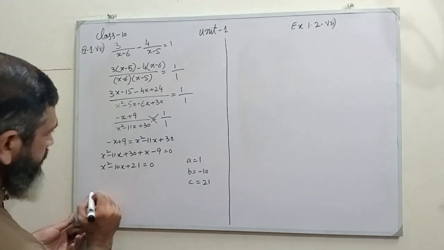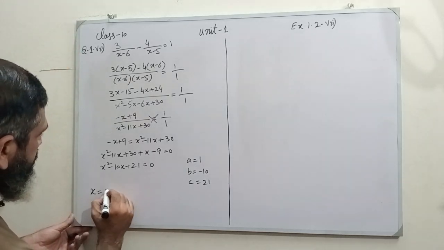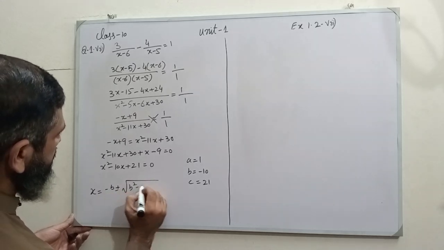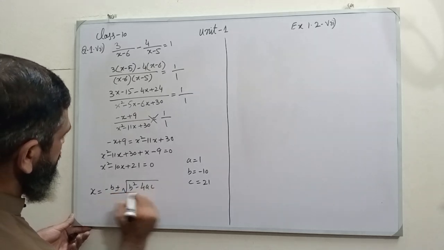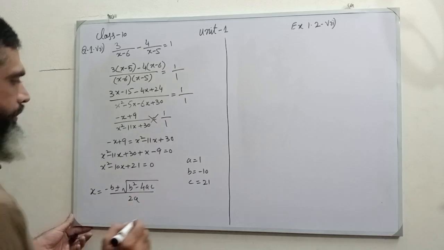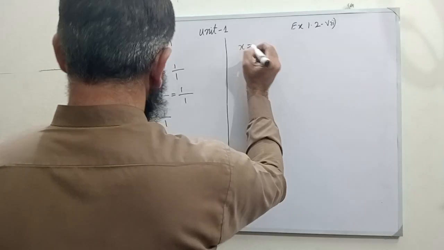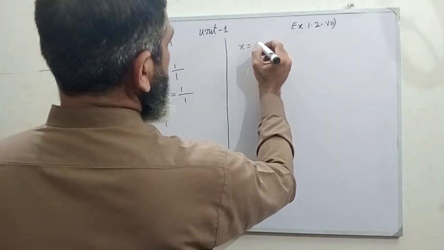So we use the quadratic formula x is equal to minus b plus minus under root b square minus 4ac over 2a. Putting the value of a, b and c, what is the b?